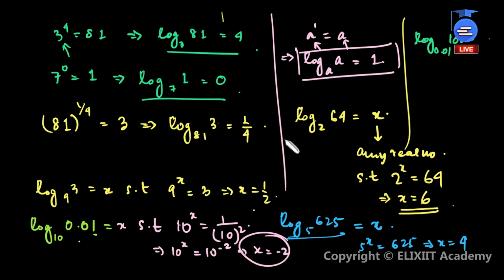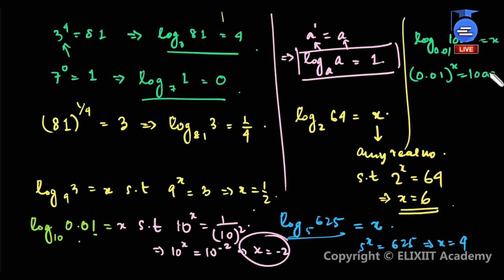Maybe with the help of properties, this will be easier. But log 1000 to the base 0.01 is equals to x, where x is a real number such that 0.01 raised to the power x is equals to 1000. Maybe you can directly find it from here itself, and obviously the answer will be negative.